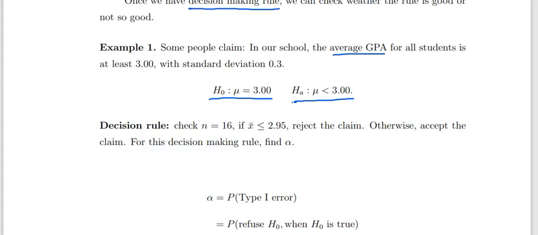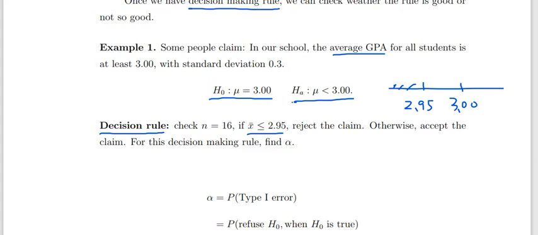Our decision-making rule is like this: if x bar is less than the cut point 2.95, we will reject.